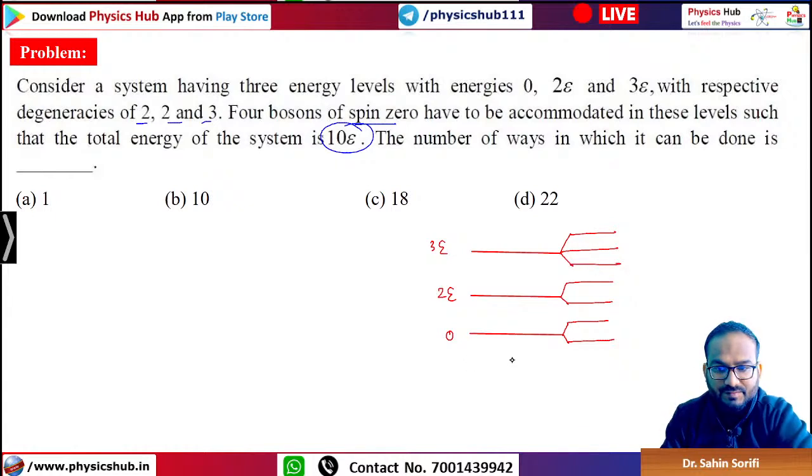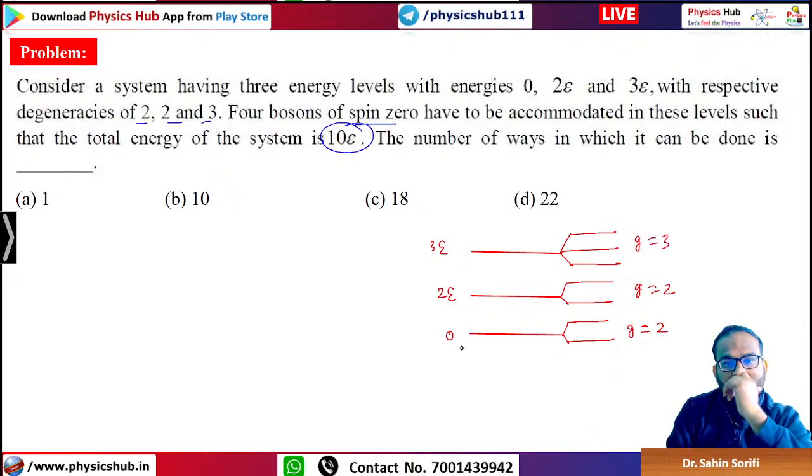Yes, option A. So G is equal to 2, 2, 3. 4 bosons of spin 0 have to be accommodated in these energy levels such that total energy is 10E.